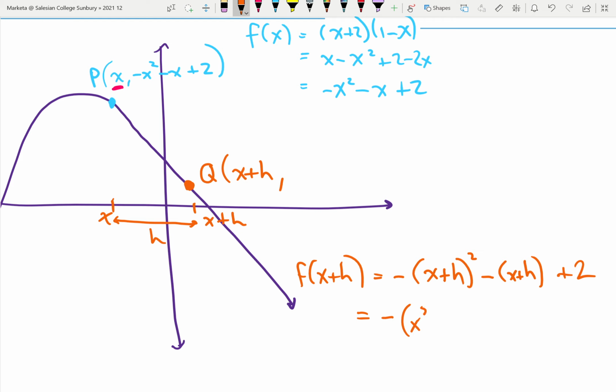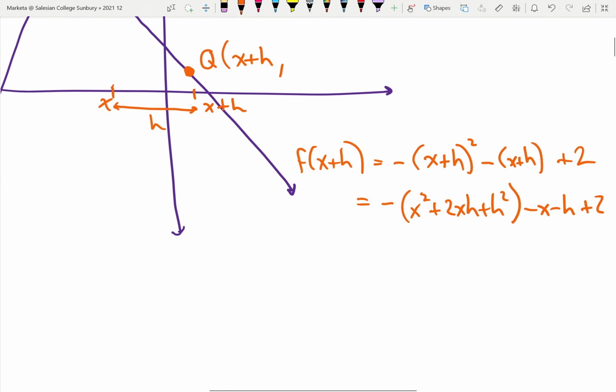So x squared plus 2xh plus h squared. Negative x, negative h plus 2. And I would say one of the most common places that people will stuff up first principles is when they get the negatives wrong. So just be really on the ball with how you're using negatives.